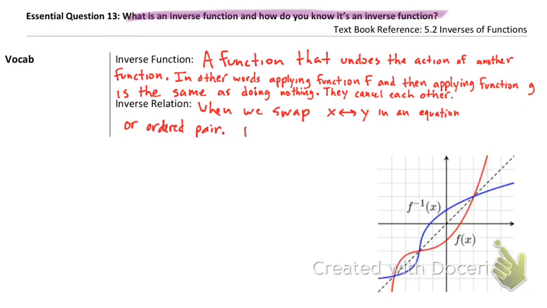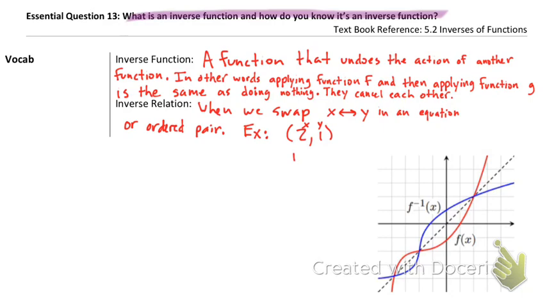For example, if we have this point (2, 1), okay, so that's a relation. X to y is 2 to 1 relation. It's a relation.